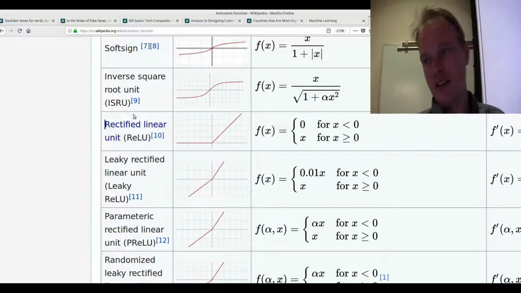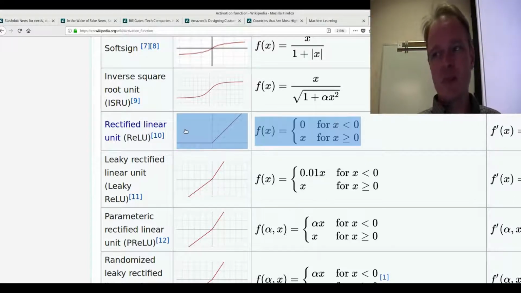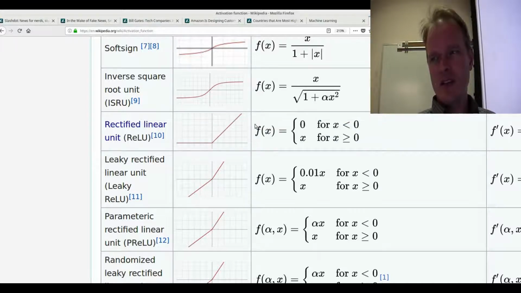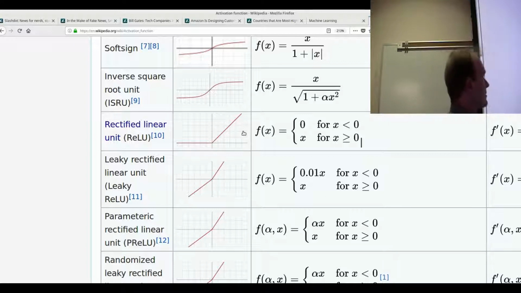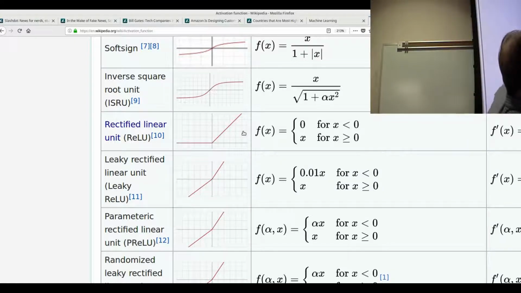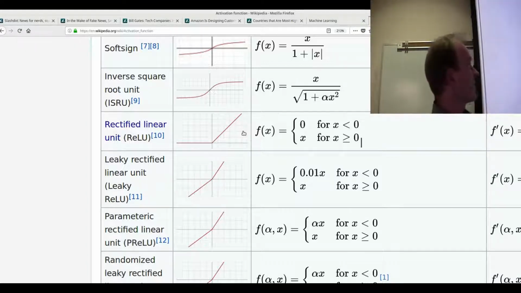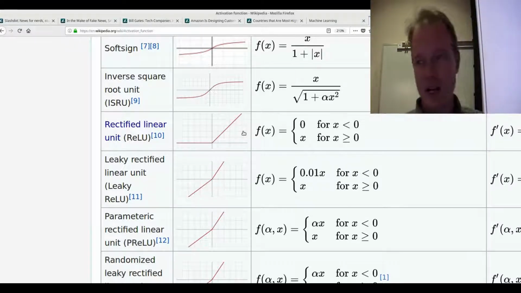I just call them rectifiers. This is a very simple activation function, and oddly, it works really, really well. There's a bunch of empirical results to justify that. And so rectified linear became super popular in the last few years, and everyone's jumping on the rectifier bandwagon.